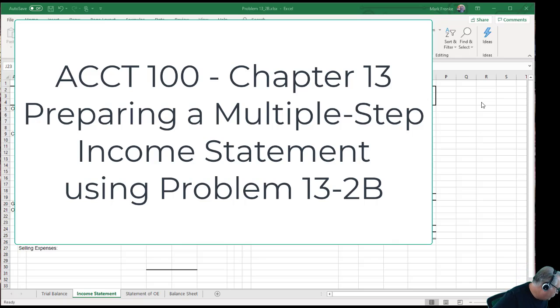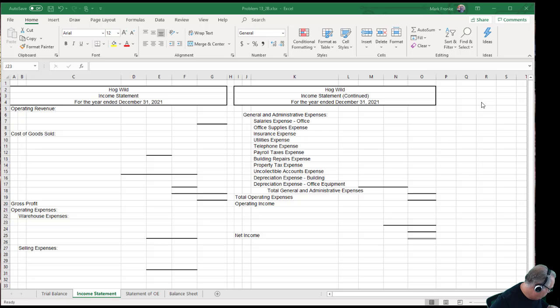This is in your book, problem 13 2B on pages 471 and 472. In this video, we're going to focus on the income statement, and then I'll do another video that will focus on the statement of owner's equity and the balance sheet.